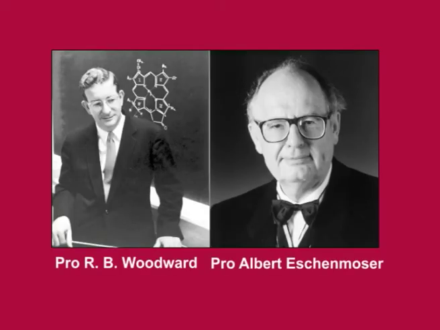The chemical synthesis has been considered impossible, but it was accomplished by collaboration between two extraordinary chemists, Professor R.B. Woodward and Professor Albert Eschenmoser, with their report published in 1973.